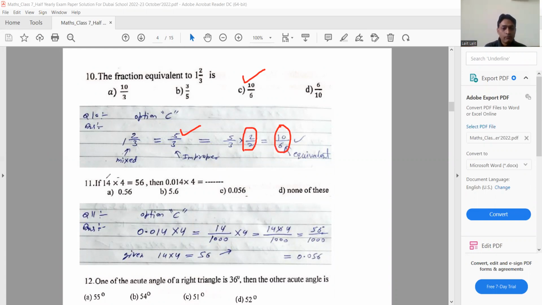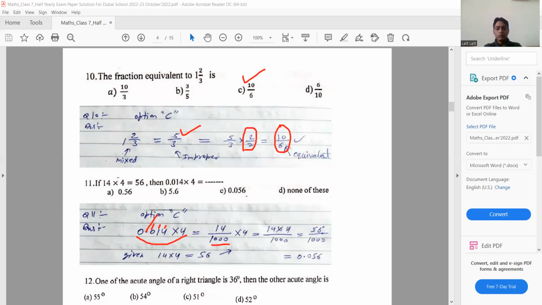Next question. If 14 into 4 is 56, then again decimal multiplication. So 14 into 4 is this, then what is the value of this? We just need to multiply. When we have 0.014, when we remove the decimal from here, we need to put three zeros in the denominator. So 14 upon 1000, because after the decimal there are three digits, 1, 2, 3. So 14 upon 1000 into 4.